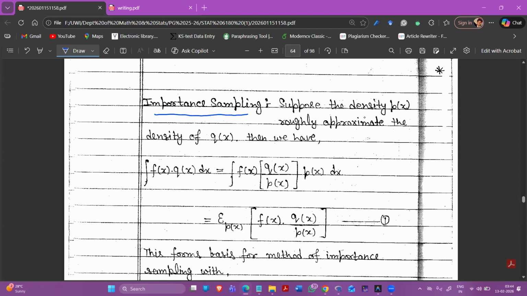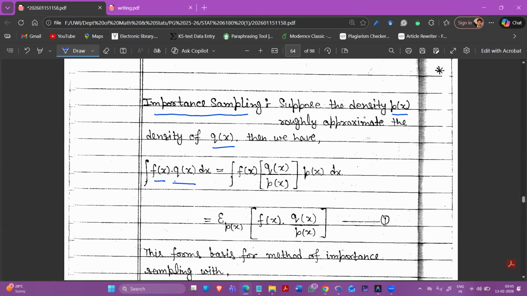So suppose you have the density function p(x), all right, which roughly approximates the density q(x). Then we have the integral of f(x) into q(x), where q(x) is our targeted distribution that we want to solve.